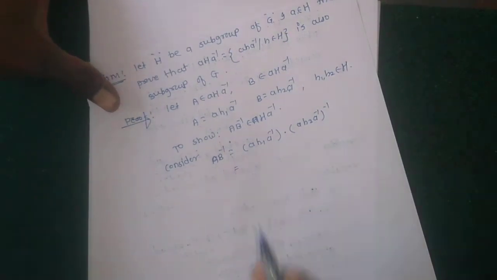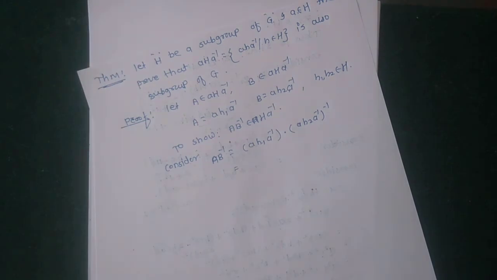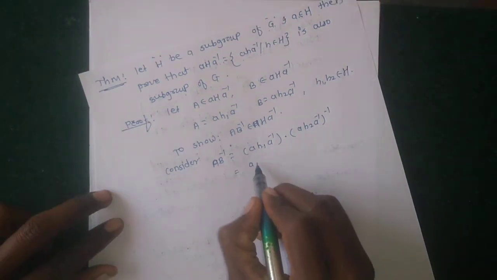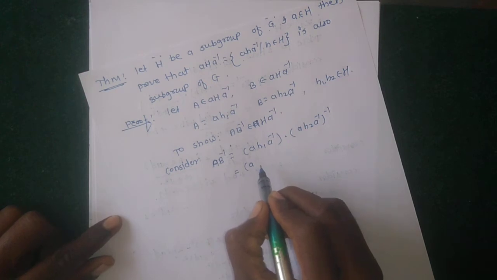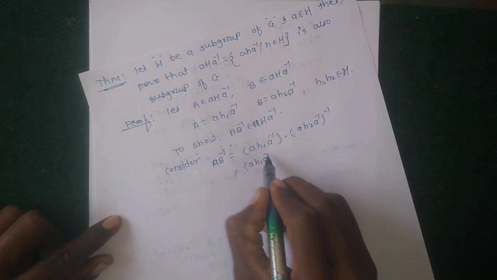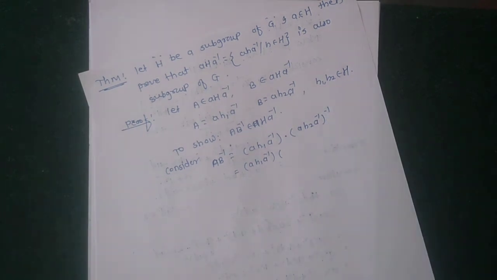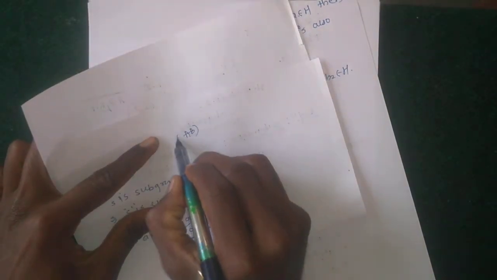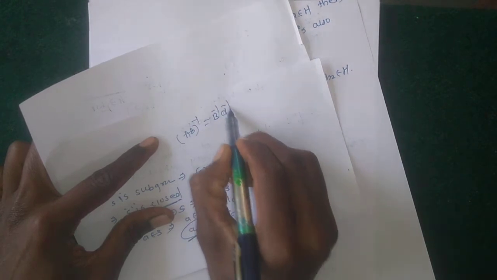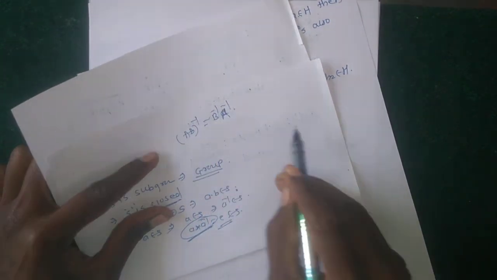Then solving these two terms, we get ah₁a⁻¹ into the inverse, using the result (ab)⁻¹ equal to b⁻¹a⁻¹.